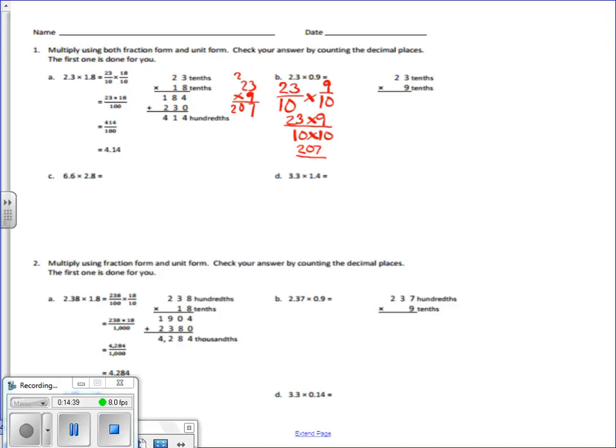My denominator, 10 times 10, is 100. So if I had 207 over 100, what would my final answer look like? 2 and 7. 2.07, because my decimal comes in 2 spots.